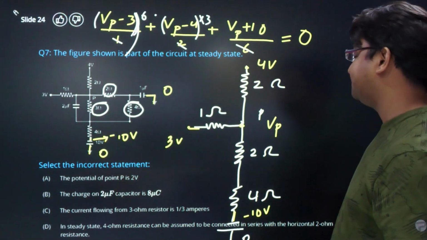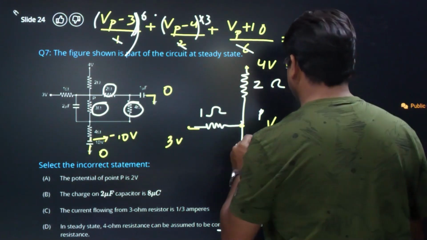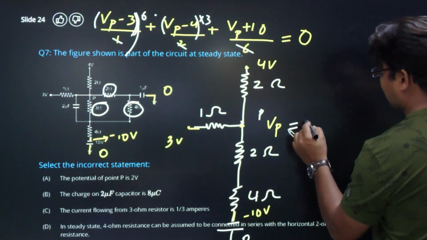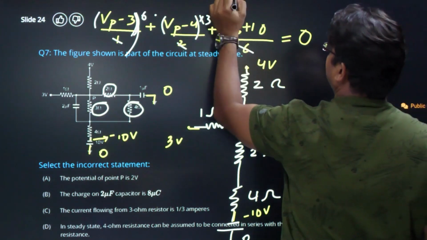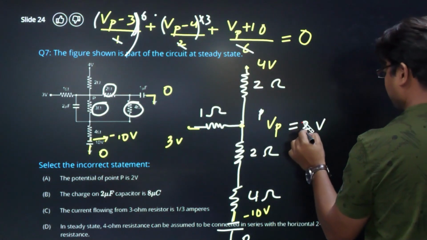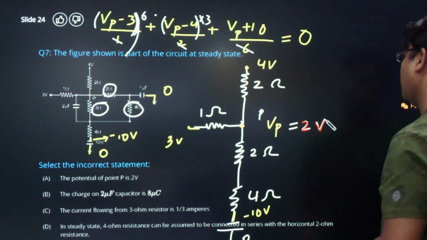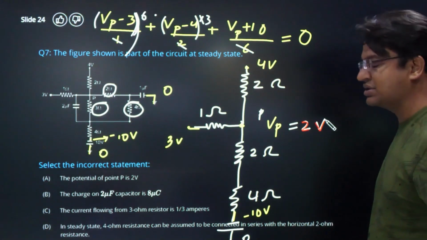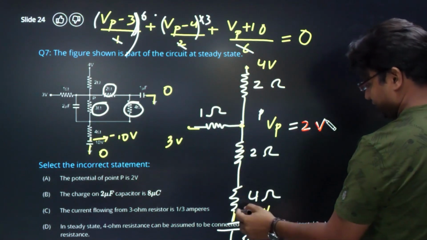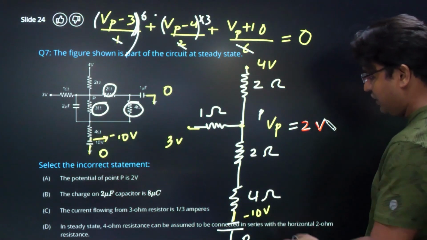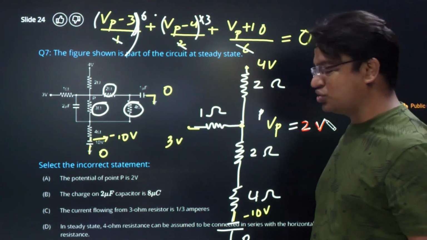So if we know the potential of point P as 2 volt, what else can we discover? We can discover that there is 2 volt, this is minus 10, so potential difference is 12. 12 by 6 is 2 ampere.